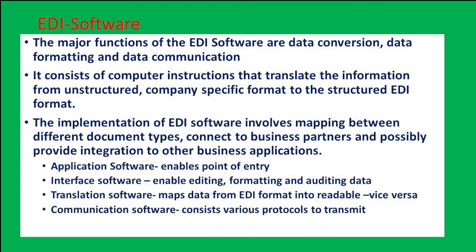That can be communicated to the computer of the seller or supplier. It consists of computer instructions that translate the information from an unstructured company-specific format to the structured EDI format. Whatever document I am preparing in MS Word or MS Excel is converted into PDF according to its structure. Unstructured Word is converted into a structured PDF.